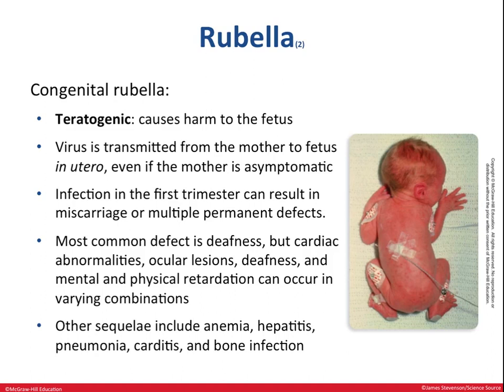Once the virus is transmitted from mother through the uterus to the fetus, even if the mother may not have symptoms, it can cause damage and harm to the fetus, especially in the first trimester, the first 3 months.